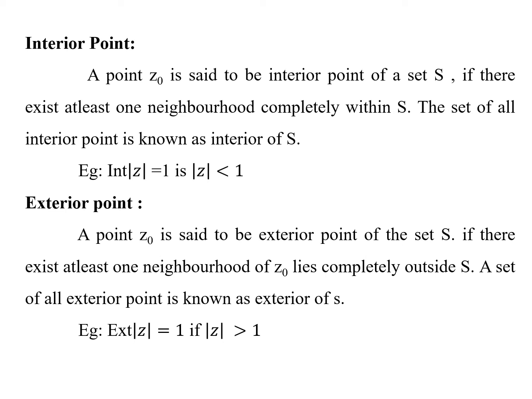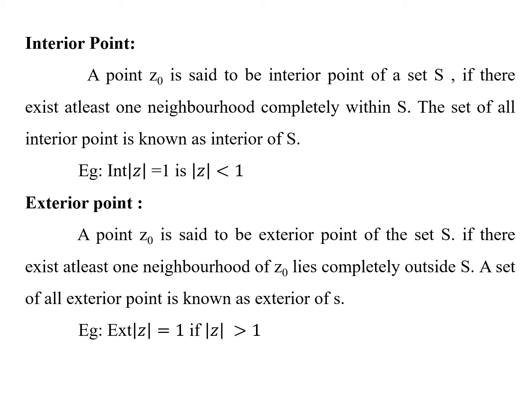If you draw the circle with 1 centimeter, all the neighboring points of 3 should be covered within the 2 centimeter circle. Like that, the interior of mod z equal to 1 is mod z less than 1.